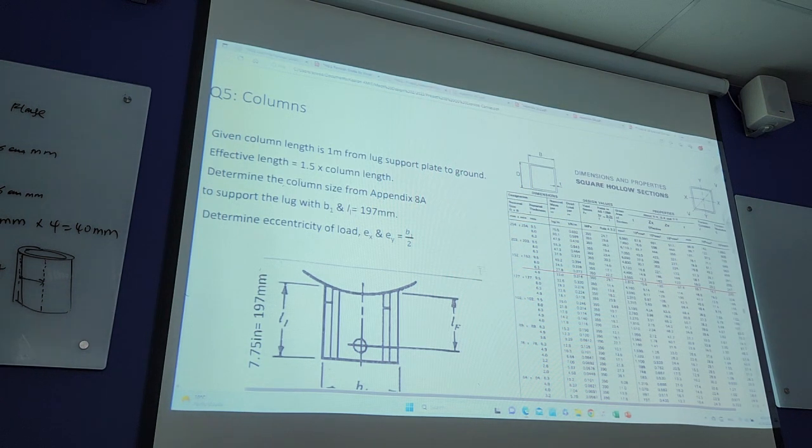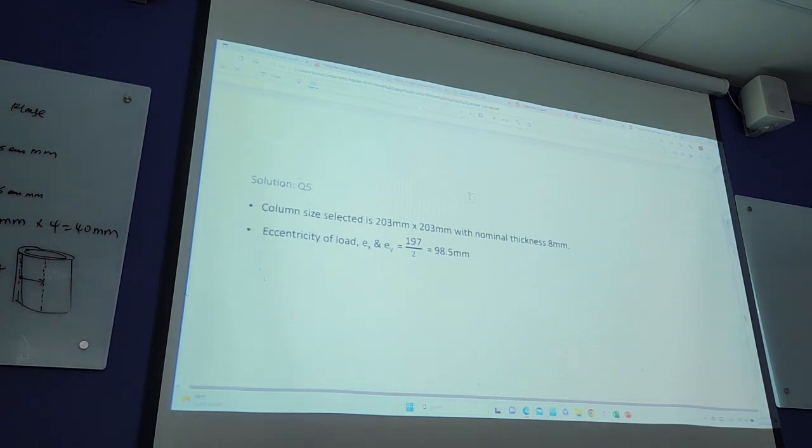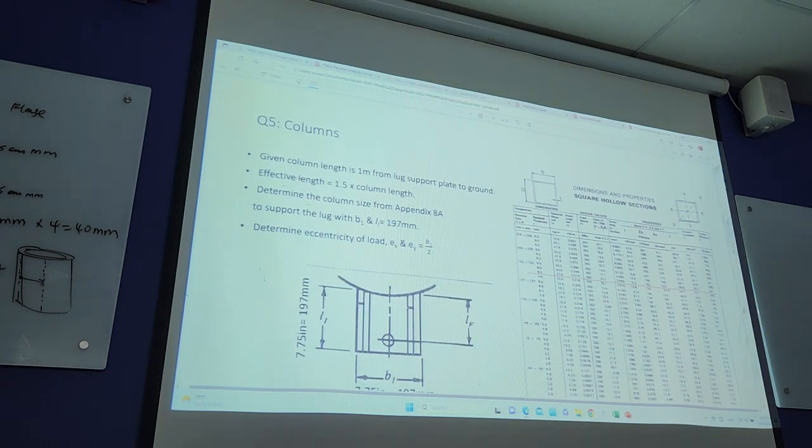Let me check the solution. Alright, so because the lug is 197, definitely you have to find something larger than 197.